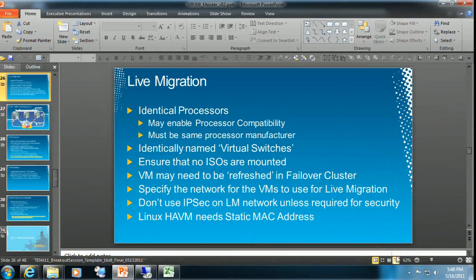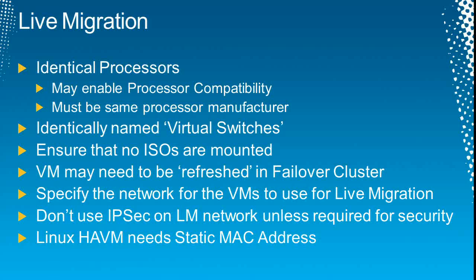Okay, are there penalties? Well, the penalty is you're going to go to the least common denominator of the feature sets of your processors. So if you're using any feature sets on the newer processor, those would go down, so you lose that. But usually, performance-wise, it's not that bad, so you don't get hit that hard.